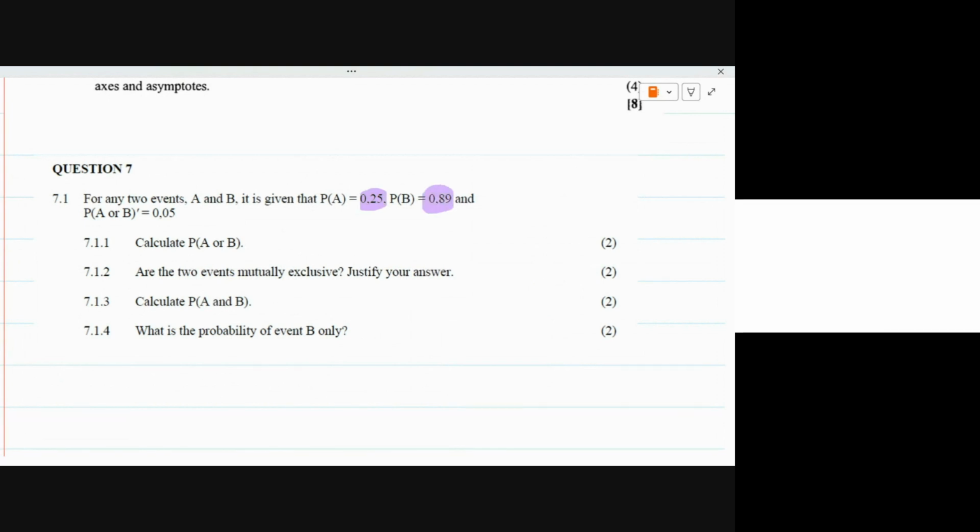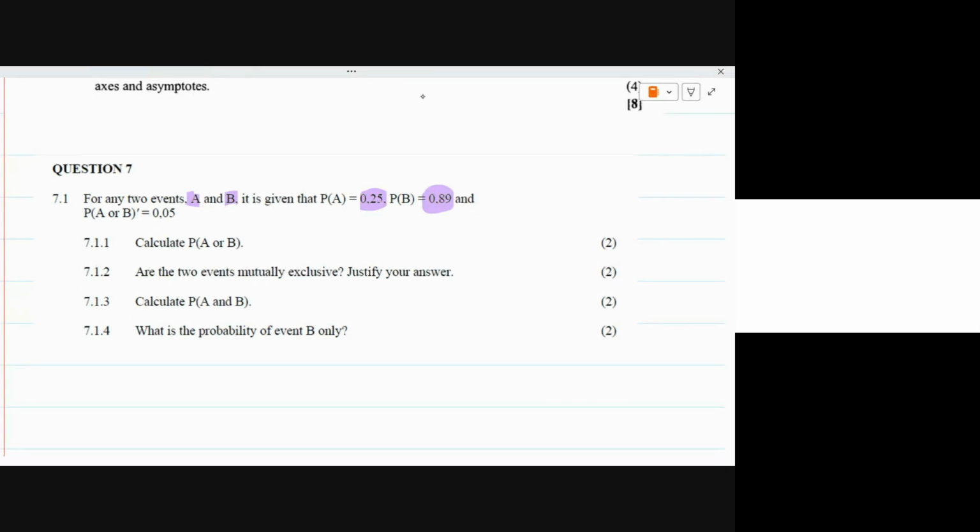Now, we know that we've got two events, A and B. How much should the probabilities of any events in the same trial add up to? Yes, correct. Good, Sanele. They should add up to 1, right?